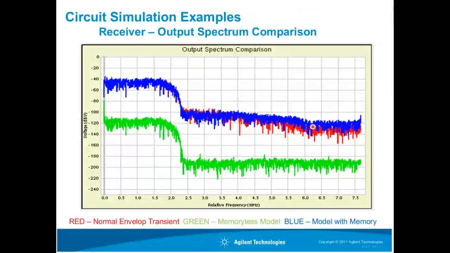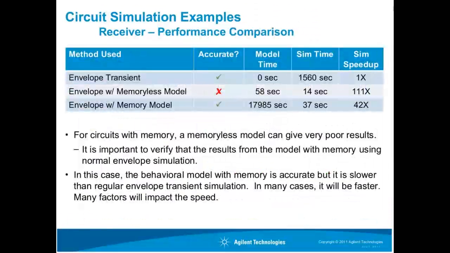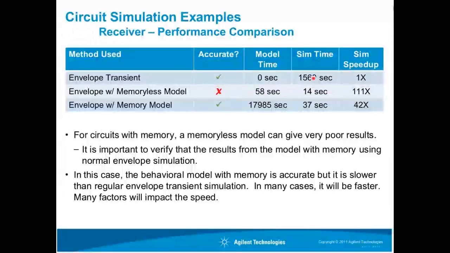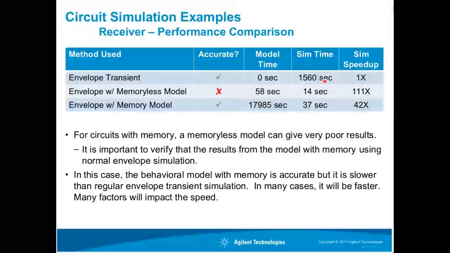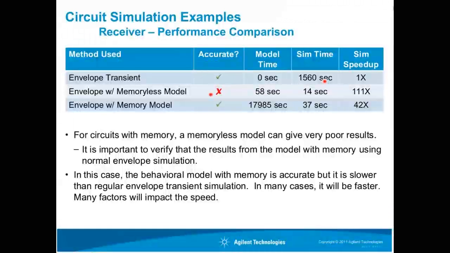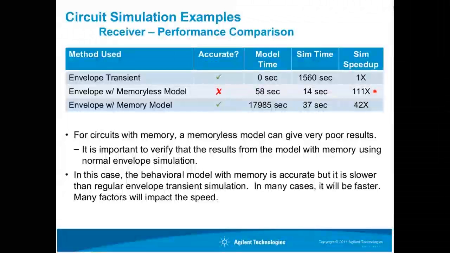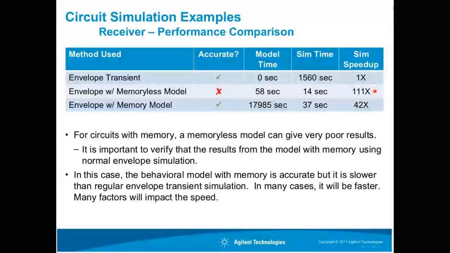So let's take a look at how those times are for that case. Normal envelope transient takes about 1,560 seconds. That'll be our reference time. You get a 111x speed up with the memoryless model, but it doesn't matter, right, because it gives you the wrong answer, so it's quite useless.